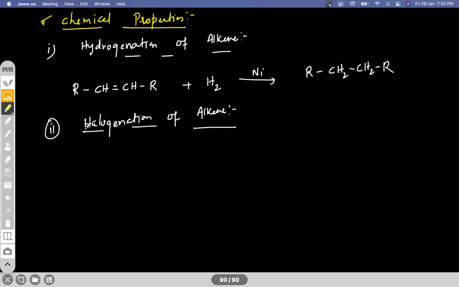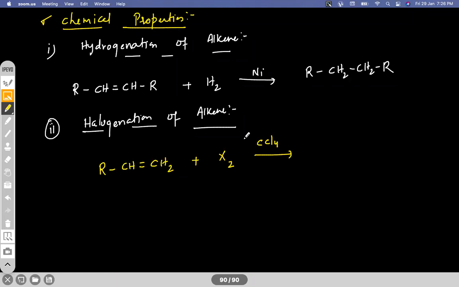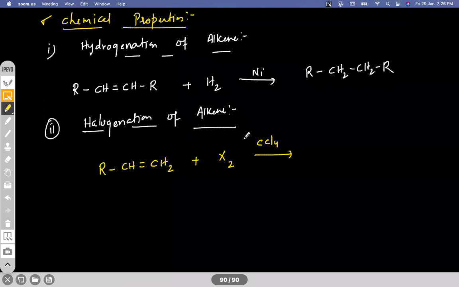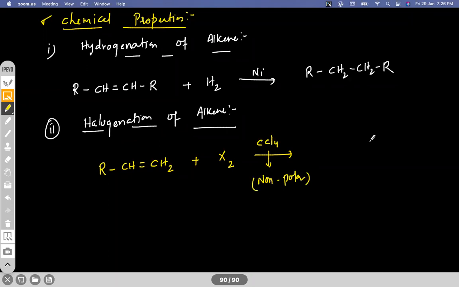The reaction is RCH double bond CH2, this is an alkene, with X2, halogenation, and it is done in a non-polar solvent, CCl4. CCl4 is a non-polar solvent. Write down, non-polar solvent.